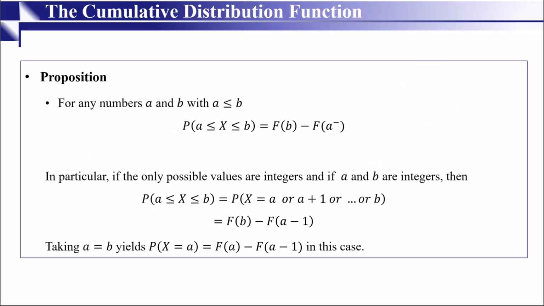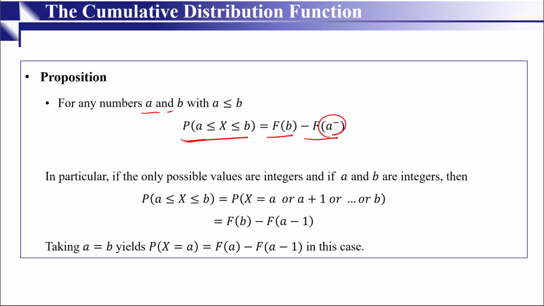Do you want to get the probability between two values? For example, for any numbers a and b. In this way, the probability of X between a and b is equal to F(b) minus F(a minus), where a minus is the largest possible x value that is strictly less than a.